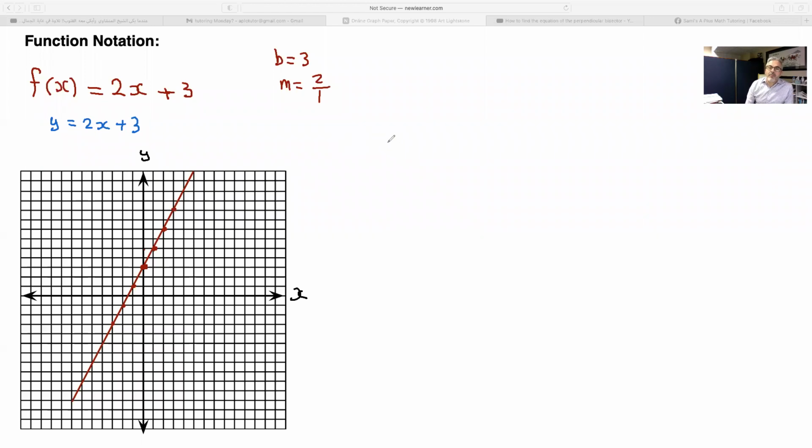Now let's say they ask you to find f of 4 and f of -5. So what you need to do here to understand this question with respect to the graph, what they're telling you here, they're telling you when x is 4, what does y equal? That's basically what they're asking you.